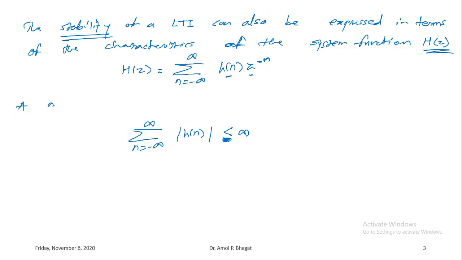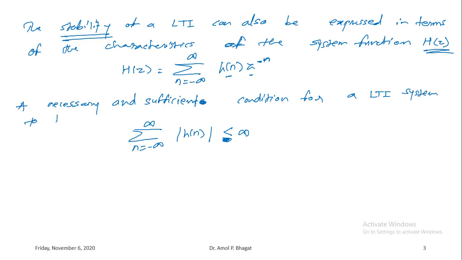So it is the necessary and sufficient condition for a LTI system to be bounded input, bounded output stable, correct?